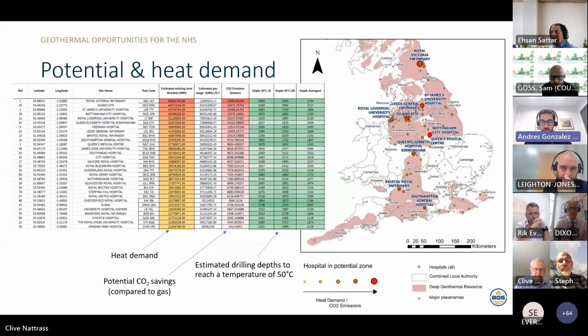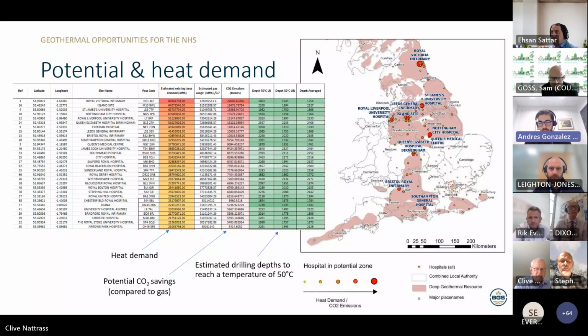You can see that it's between, let's say, 1,500 meters and 2,500 meters. In this range, we can reach temperatures of about 50 degrees Celsius. If we go deeper, we can get 60, 80 degrees Celsius. But this is under this preliminary assessment.